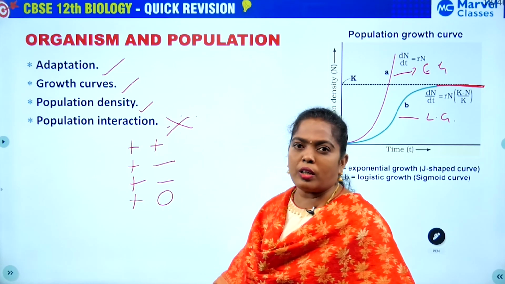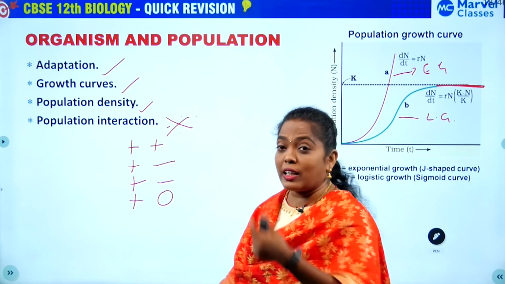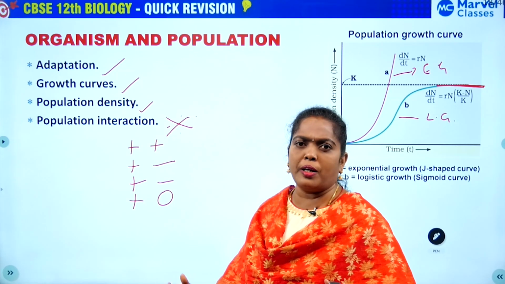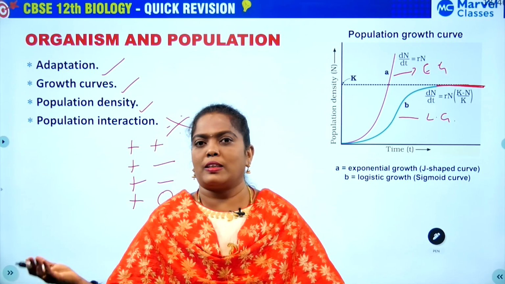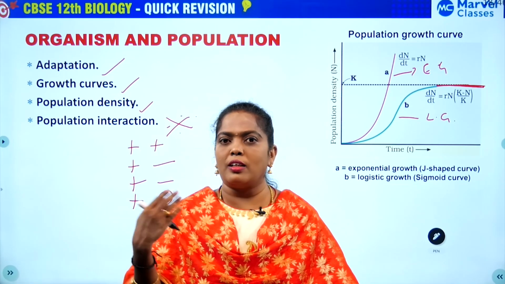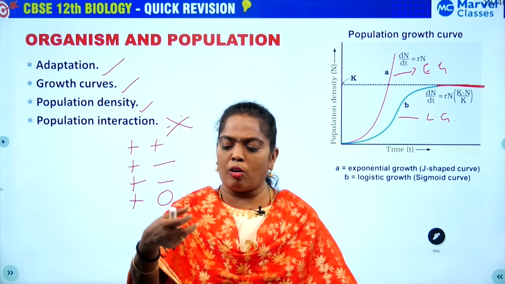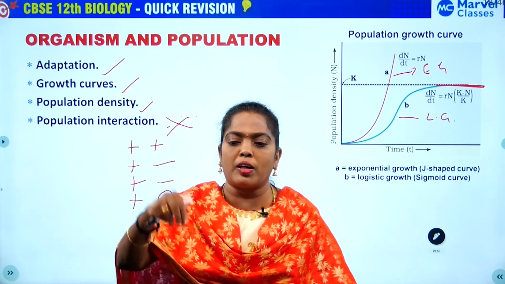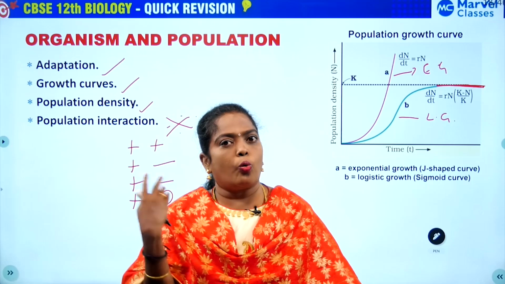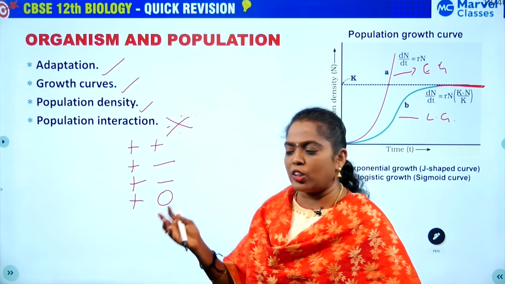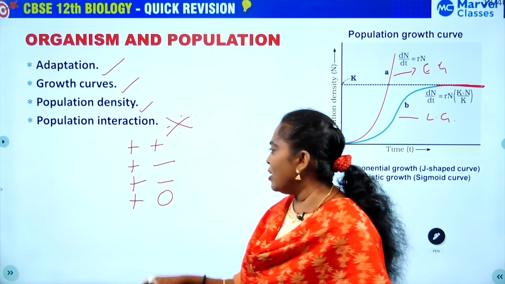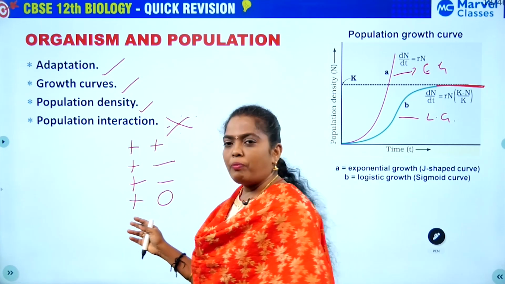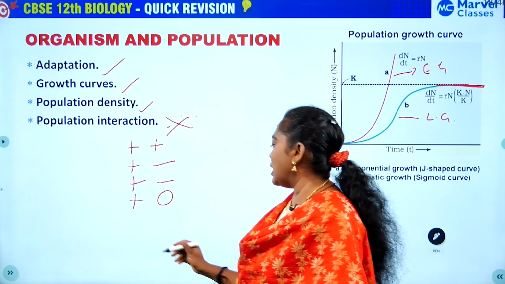For example, the egret and cattle. You can see some birds near the cattle. As soon as the cattle feed, all the insects come out, so the bird can just take them and go. That's easy, instead of digging into the soil to get food, which is very difficult. That is commensalism.